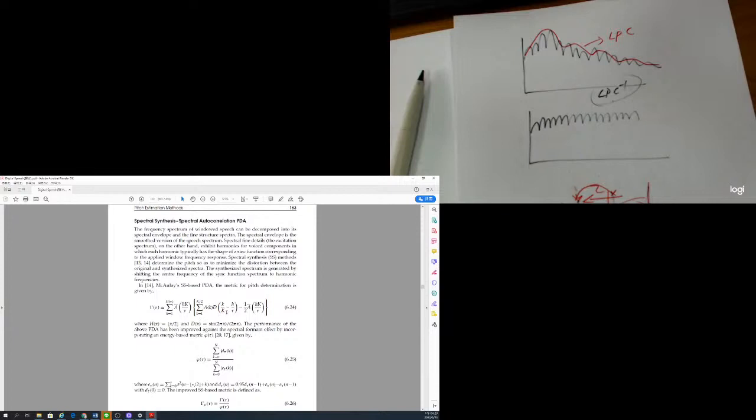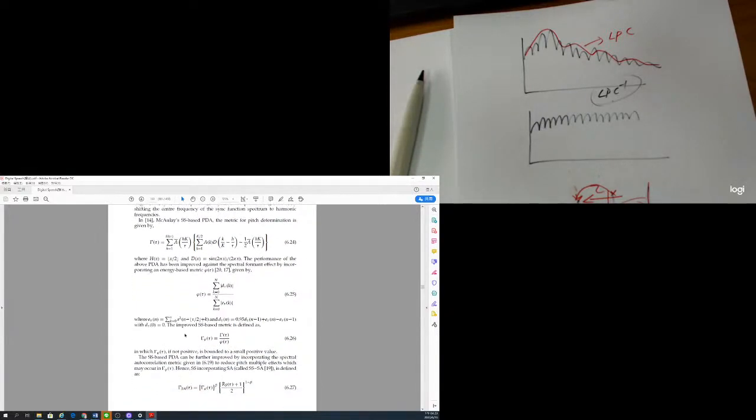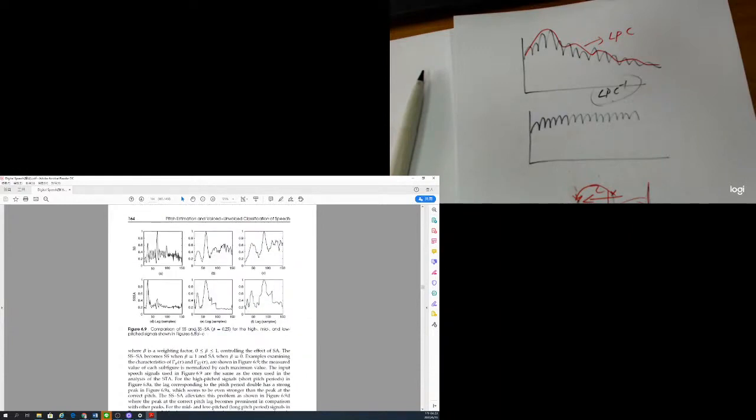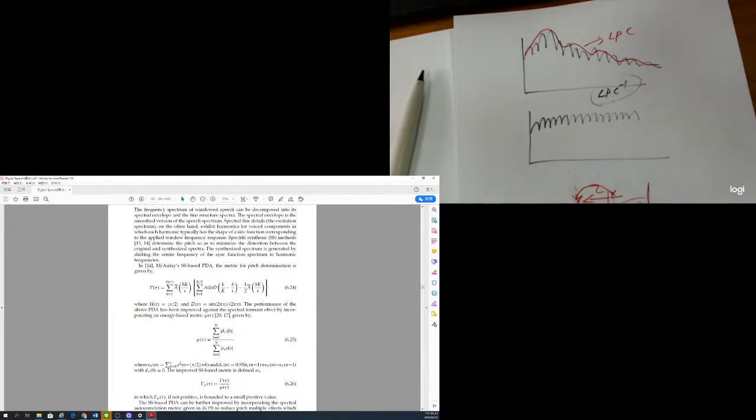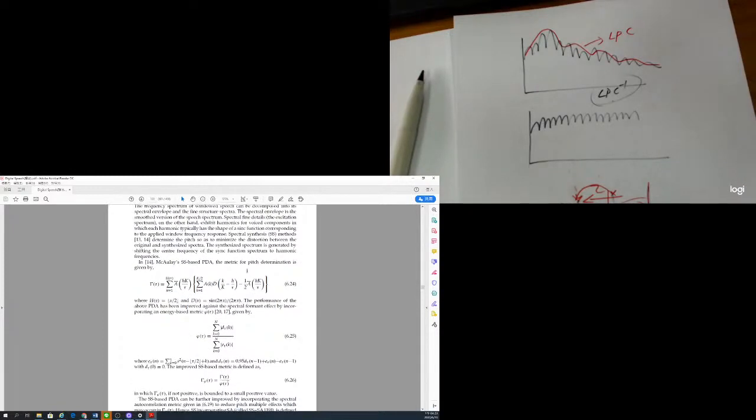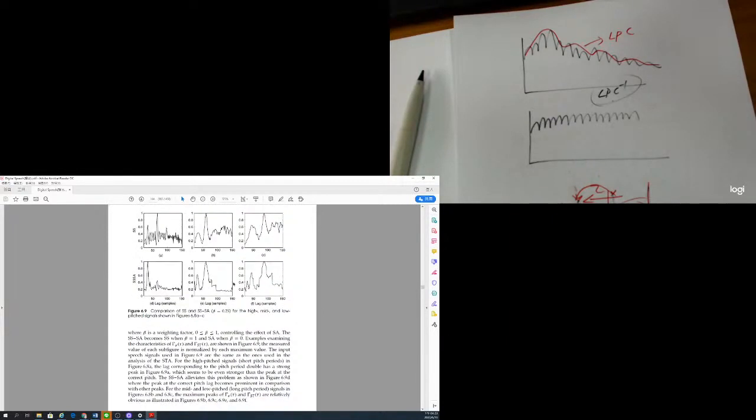They introduce another one using the sinc function to synthesize your waveform, and then they come out with spectrum synthesis and spectrum autocorrelation. This one they call SS, spectrum synthesis and spectrum autocorrelation.